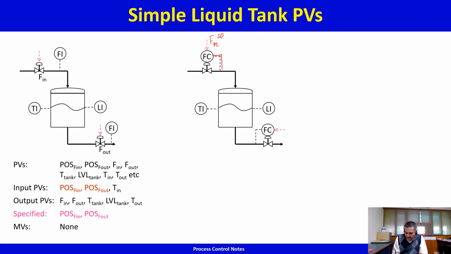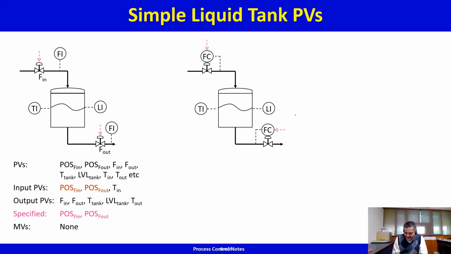You also have a flow controller on the outlet stream, and then you have the desired value of Fout, which is denoted by Fout set point. Okay.